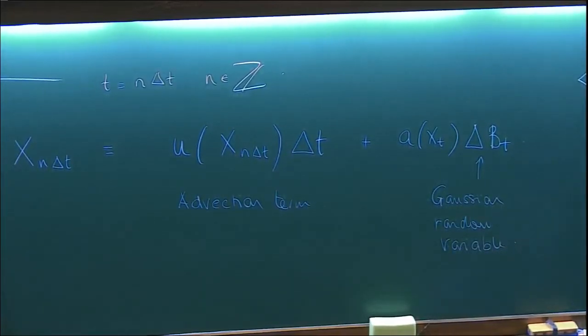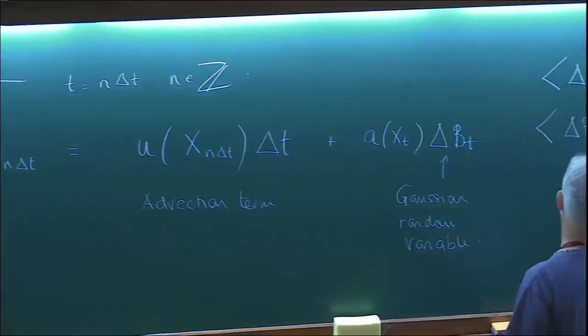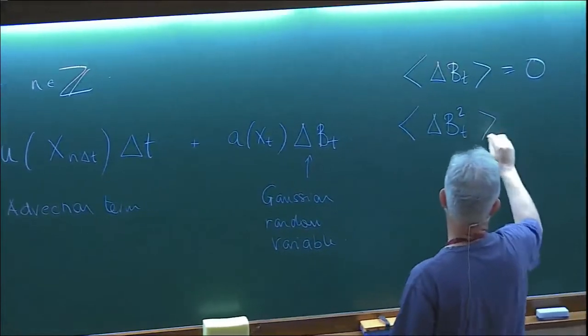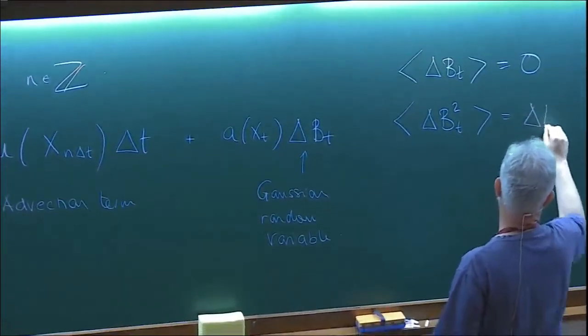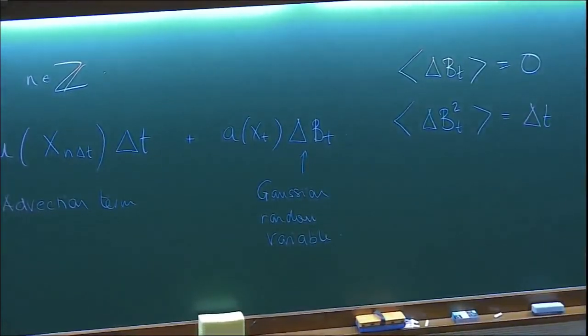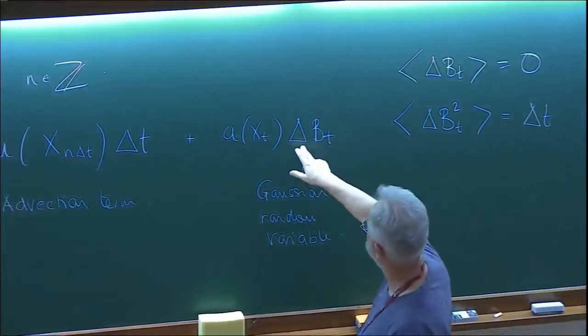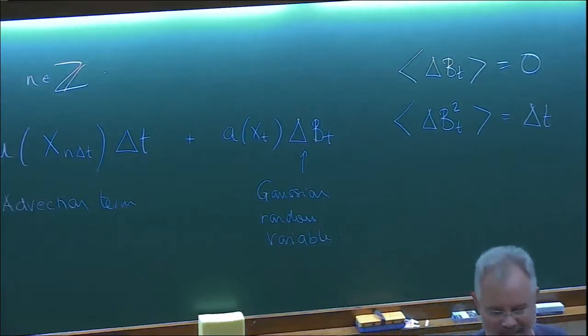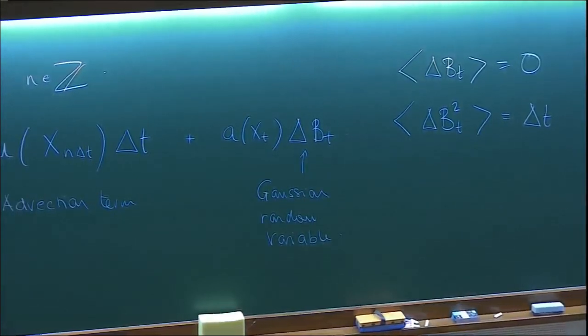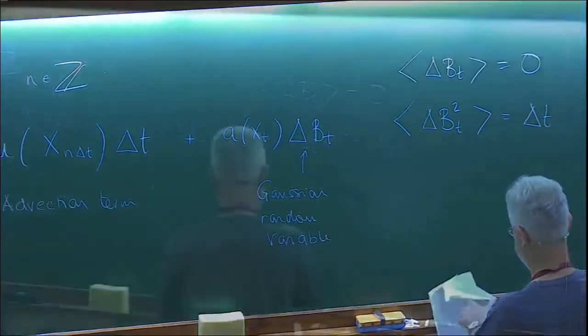And I'm going to take delta bt squared equal to delta t. So that looks a bit strange. What it means is that morally, this term, delta bt here, is square root of delta t. Okay, so this is one of the important points in stochastic calculus.